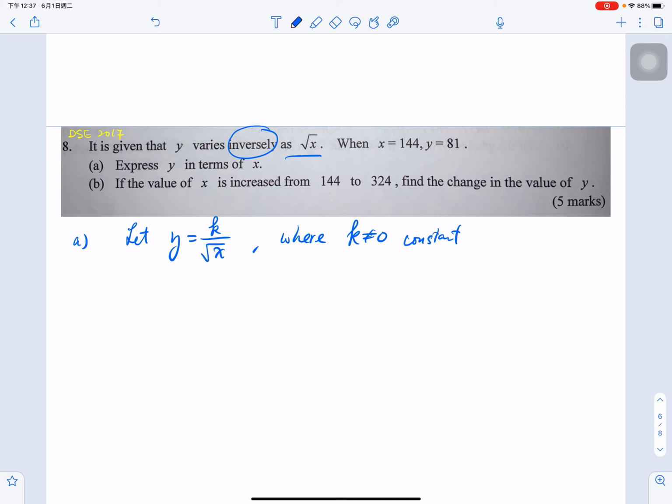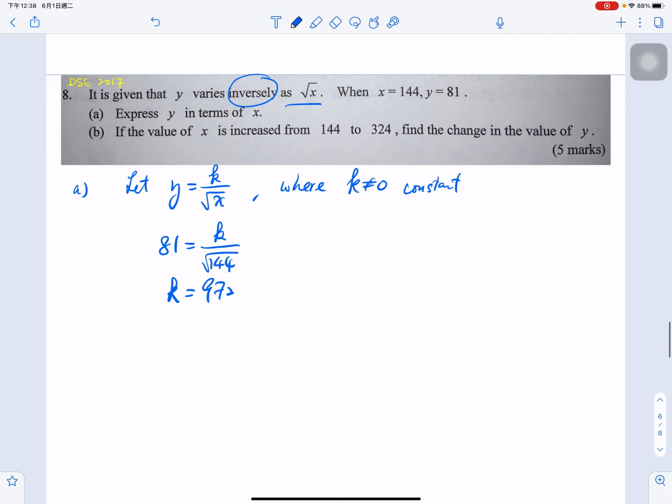Then 照代翻入去啦，81 equals k over square root of 144. So what is k? 972, right? 咁佢叫你 express y in terms of x，咁咪照代翻入去啦。So this one, y equals 972 over square root x.